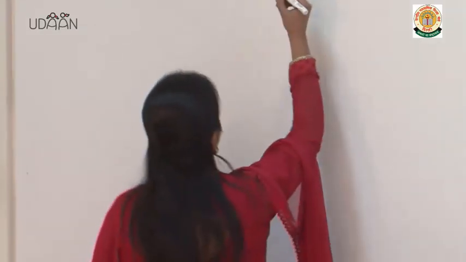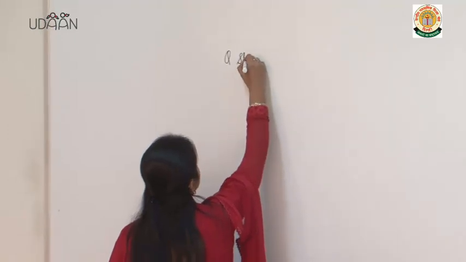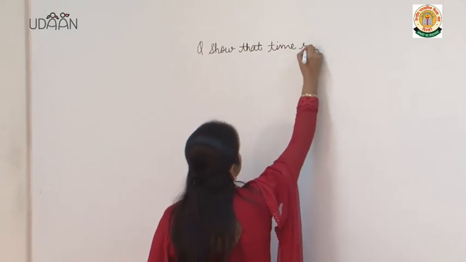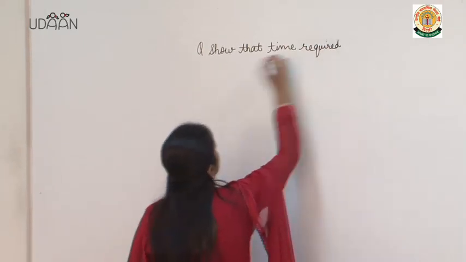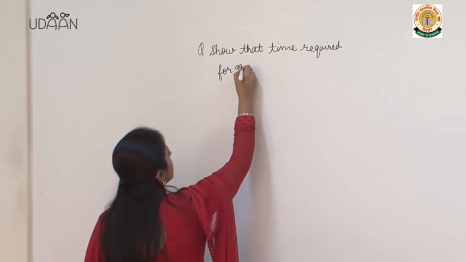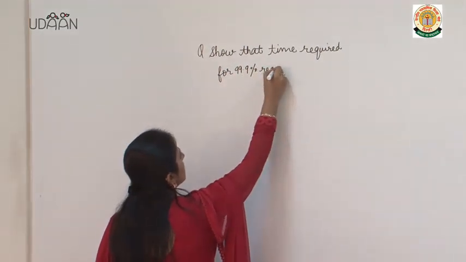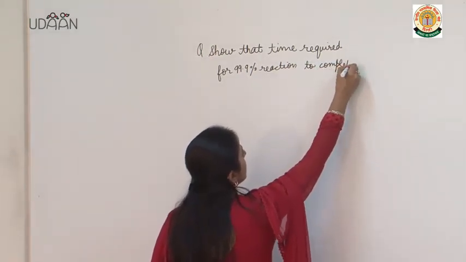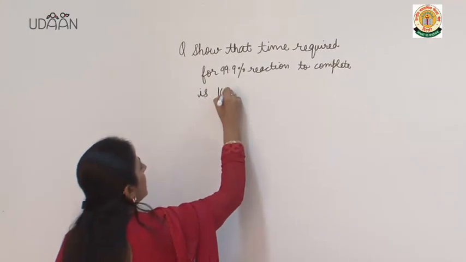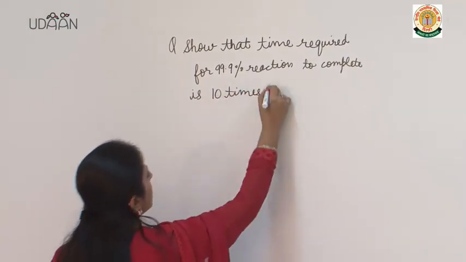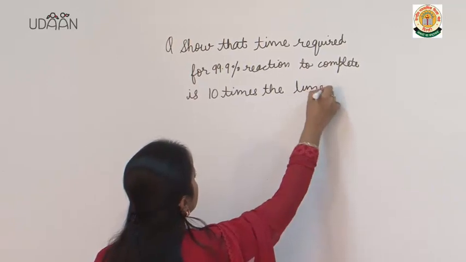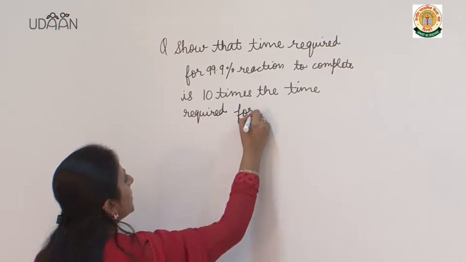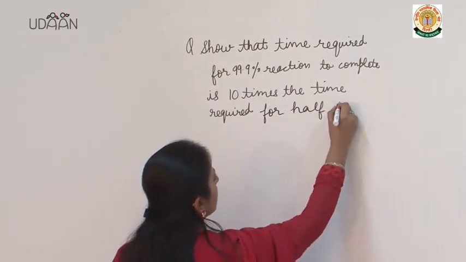Now suppose we have to show that time required for 99.9% reaction to complete is 10 times the time required for half of the reaction to take place.